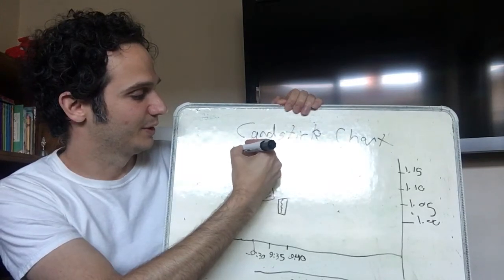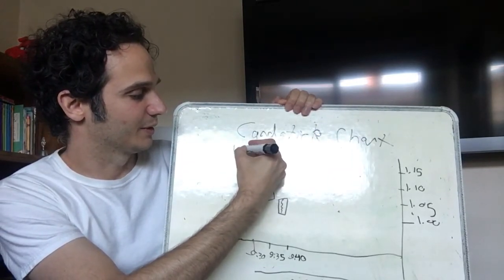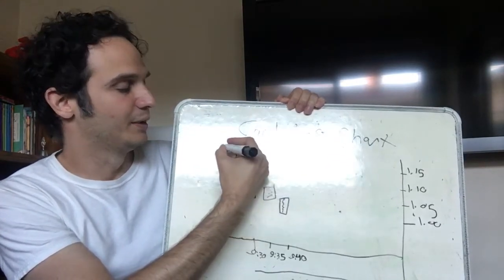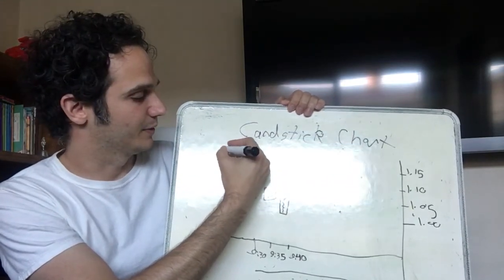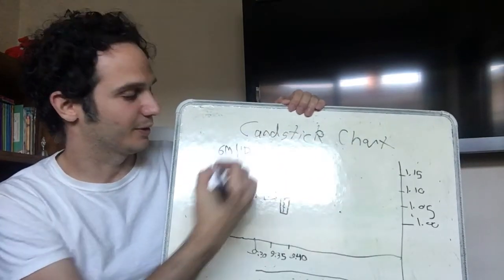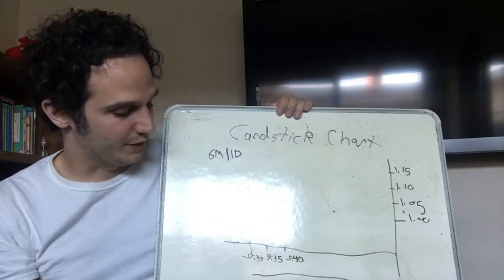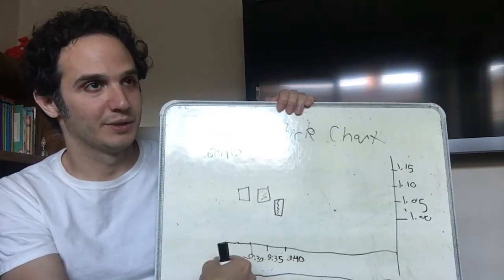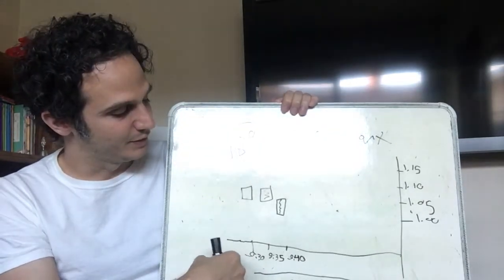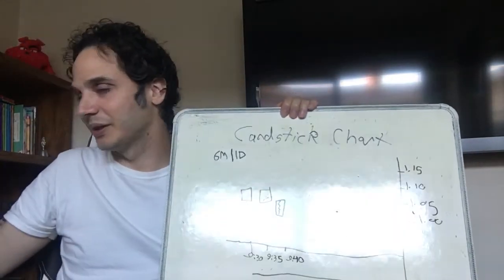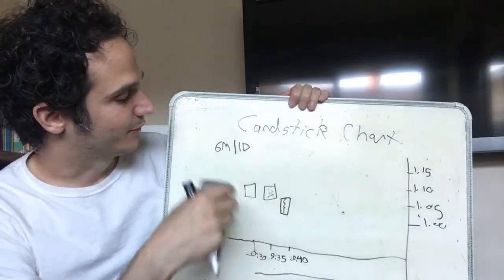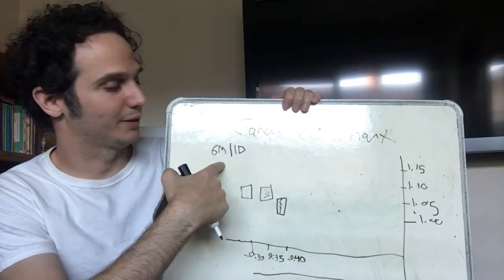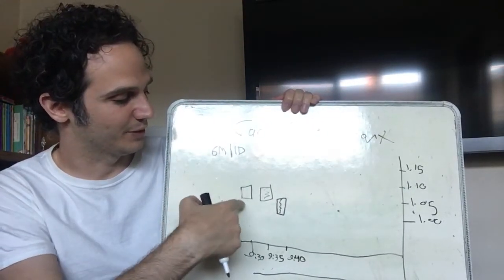So maybe it'll be like 1 day, and you're looking at the 6-month chart. And so then down here, the time would be representing a day.